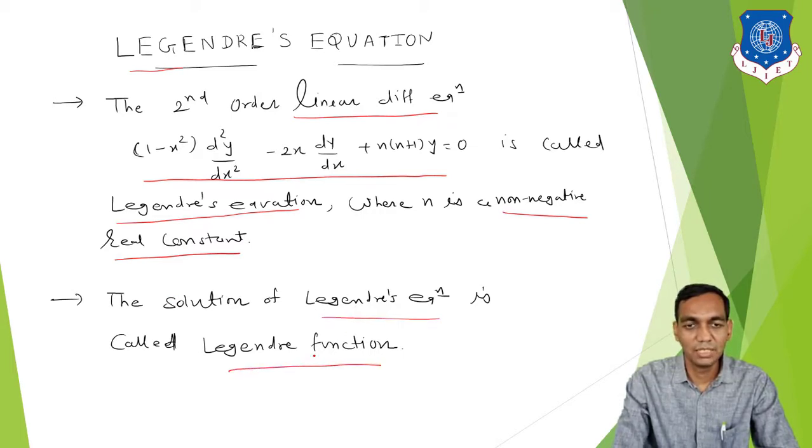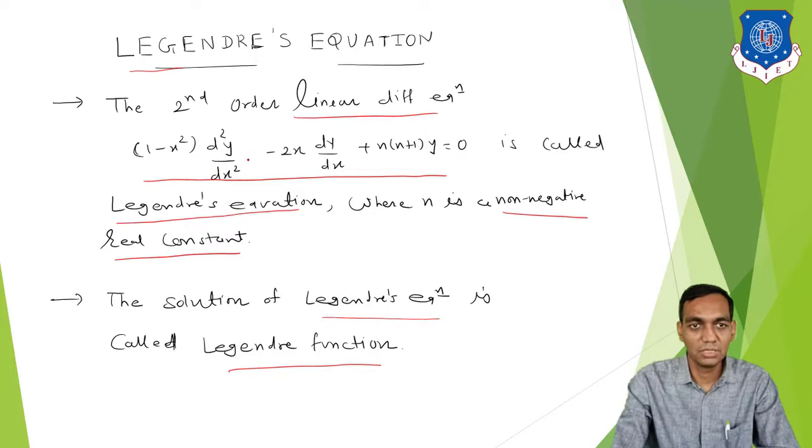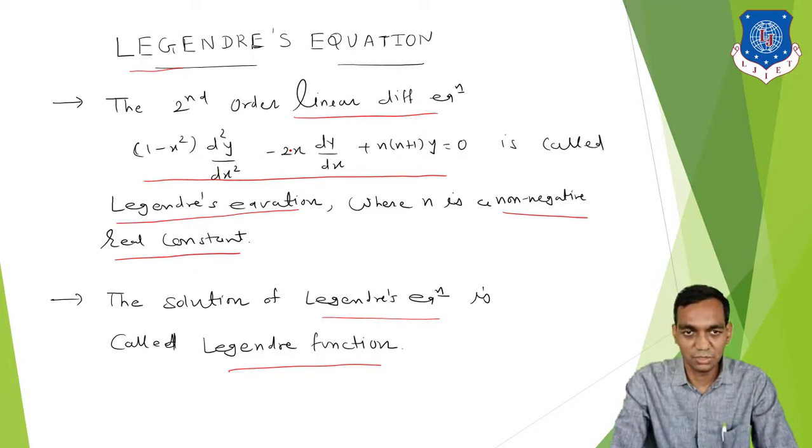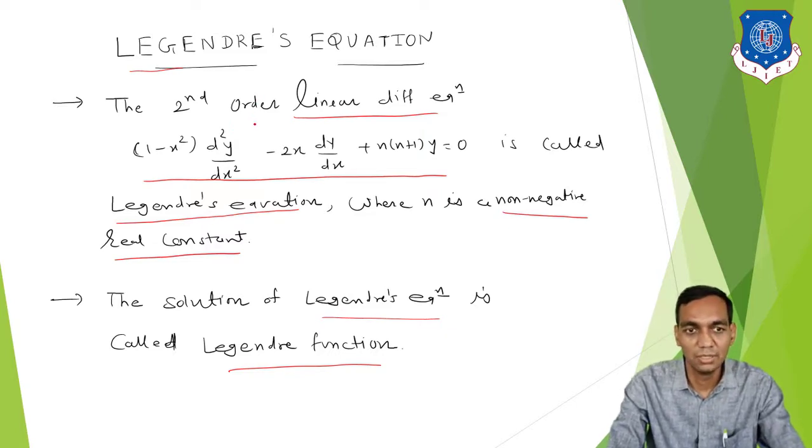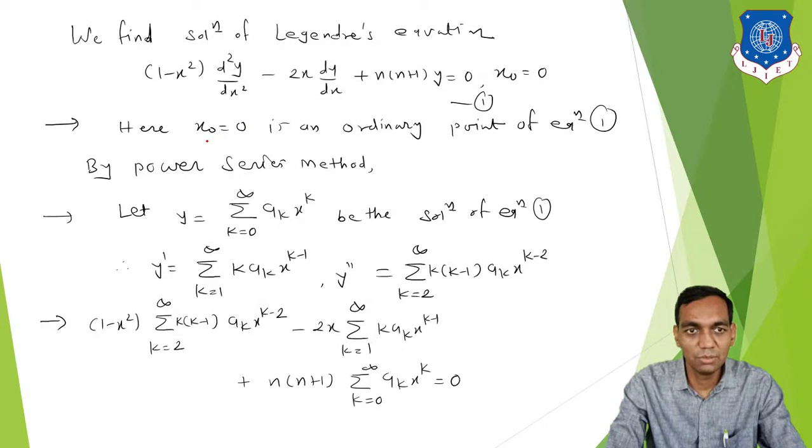Now, the solution of the Legendre equation is called the Legendre function. As we said for Bessel, the same thing is applicable here: whatever solution you have of this equation is called a Legendre function. In Bessel's equation, x equal to 0 is a regular singular point, but here x equal to 0 is an ordinary point.